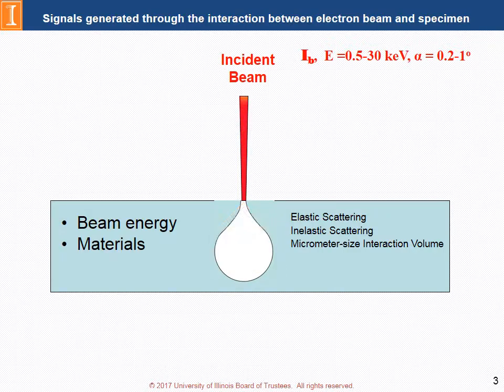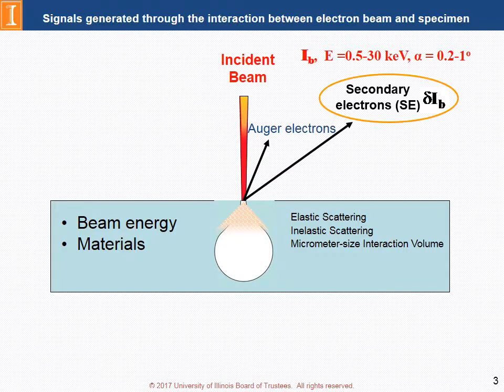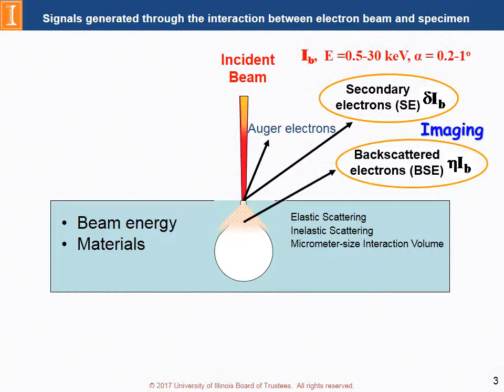As mentioned earlier in part 1, the electron beam will interact with the specimen, and there will be various signals generated during this interaction. These signals include Auger electrons, which is the signal used in Auger electron spectroscopy, and we are not going to cover this in this seminar. Secondary electrons and backscattered electrons, both of them are used for imaging.